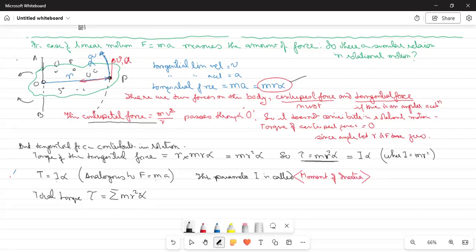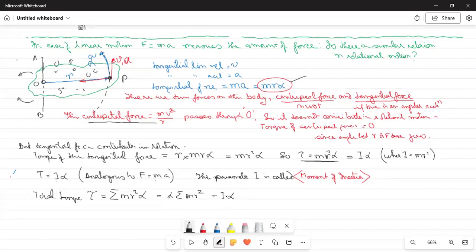And alpha is the same for everybody, because alpha is the angular acceleration; it has to be the same for everybody. So you take alpha outside: alpha sigma m r square, which means equal to I alpha.